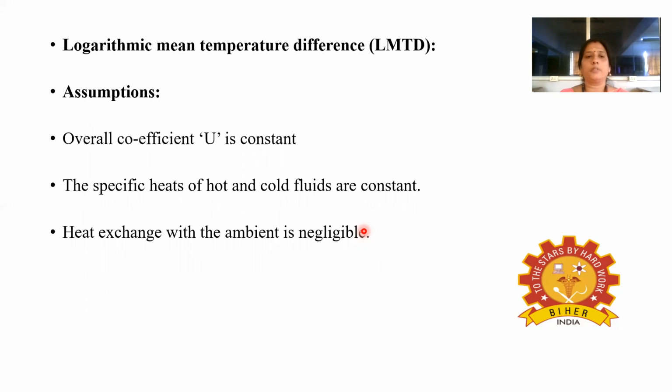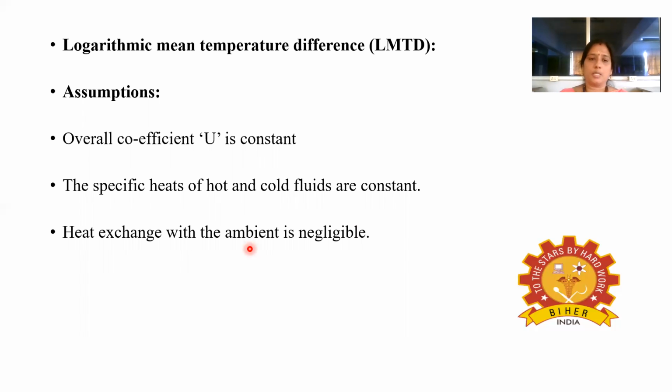For that we are assuming that the overall heat transfer coefficient U is constant, the specific heats Cp of the hot fluid as well as the cold fluid are constant, and the heat exchange with the atmosphere is negligible. That means there is no loss of heat. Whatever heat is present in the steam will be transferred to the other liquid, not to the atmosphere.